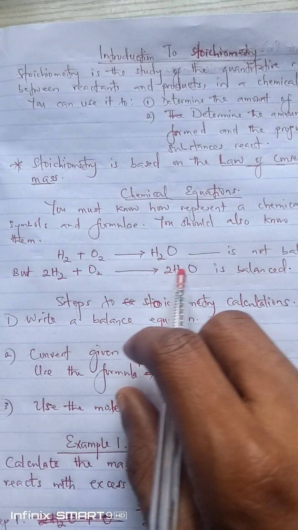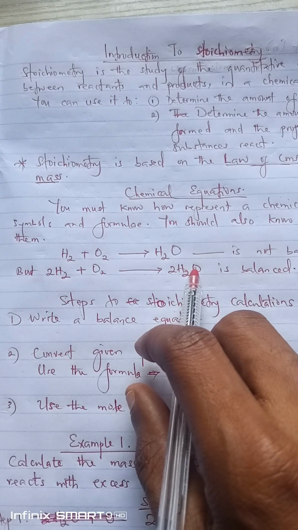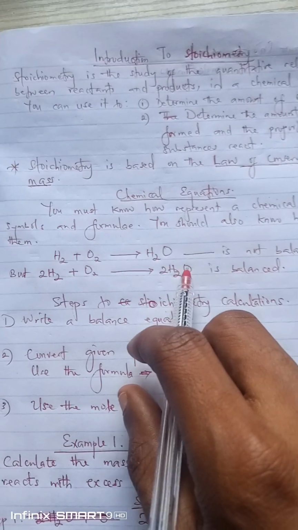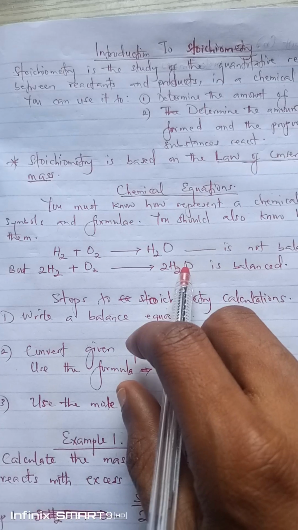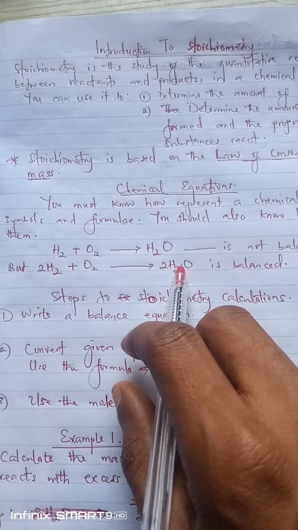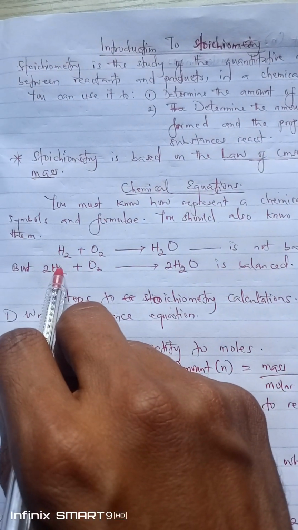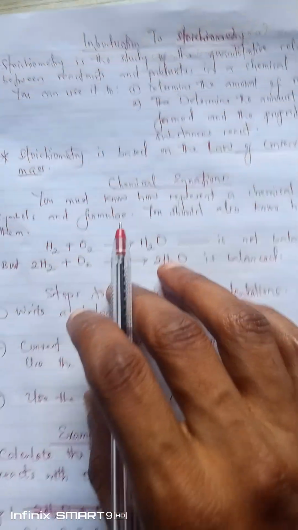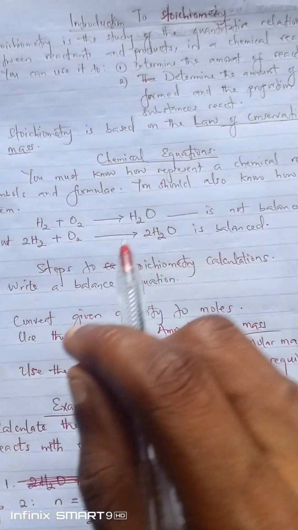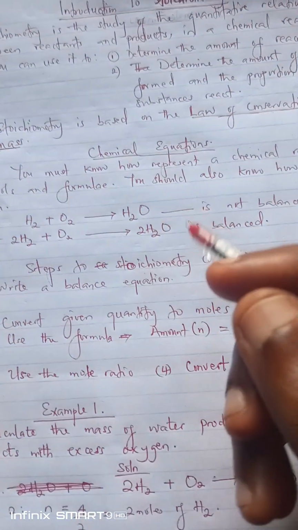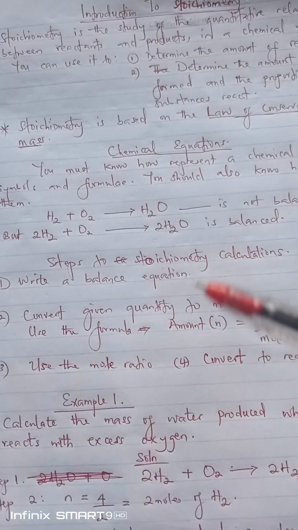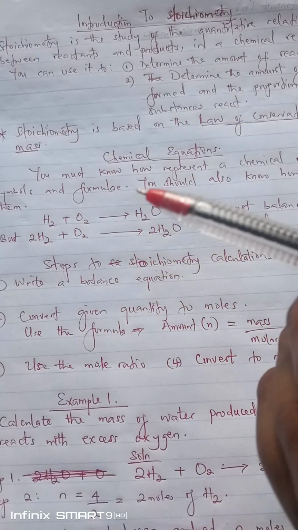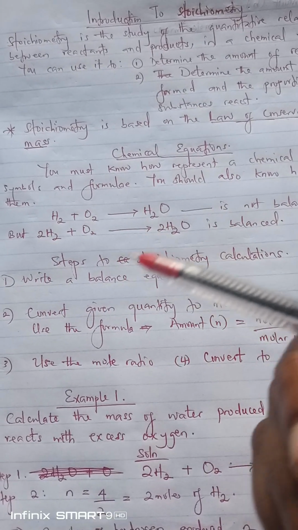And you see these 2, it affects this oxygen here, meaning we have 4 hydrogen and 2 oxygen. So if you count oxygen and hydrogen here and count them on the reactant side, you realize that they are equal. So the equation is balanced. Like I said, if you don't know how to balance a chemical equation, there is nothing you can do when it comes to the mole concept or ratio or something like that.